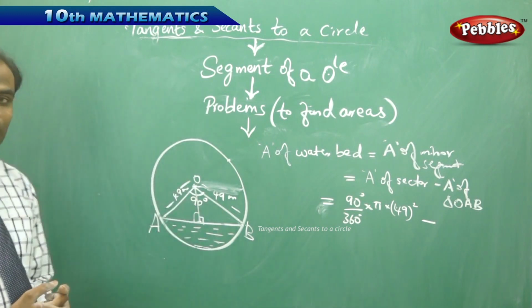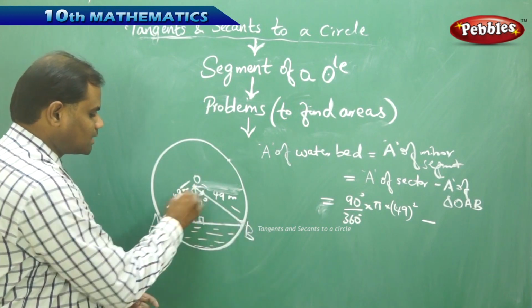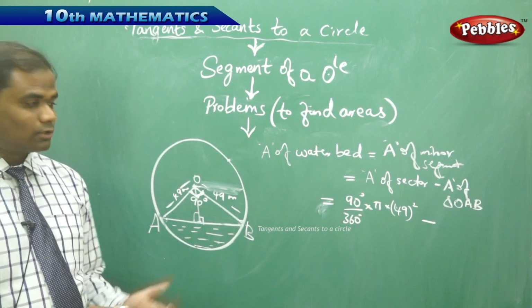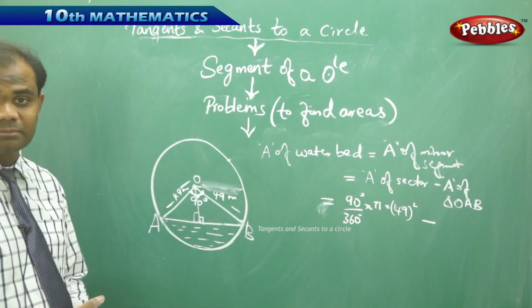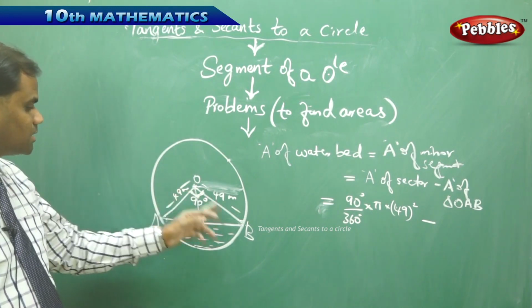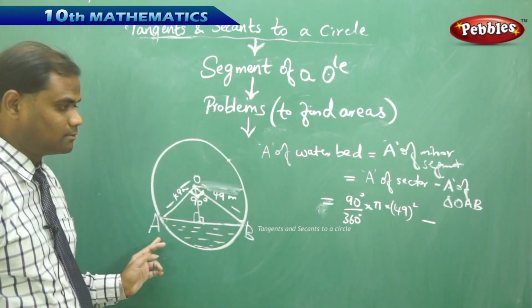So let's see how we can find the area of triangle OAB using the given dimensions. Now clearly I see that this being 90 degrees makes this the base and the height of the triangle. Therefore, for this right angle triangle, the area of the triangle is directly given to be half times base into height. The base being 49 and the height being 49, OB and OA respectively.